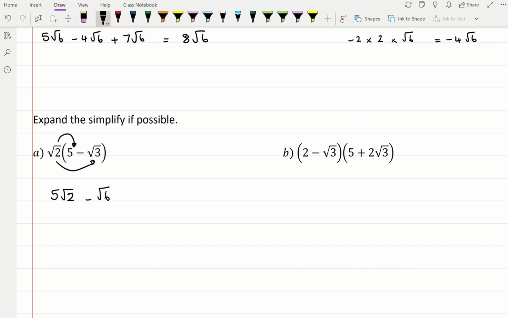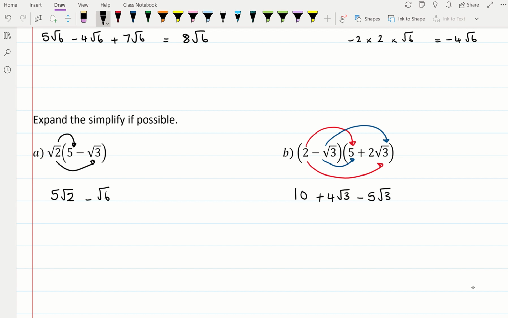With expanding brackets, I would multiply 2 by 5, and then 2 by a positive 2 root 3, and then negative root 3 by positive 2 root 3, and negative root 3 by 5. So 2 times 5 is 10. 2 times a positive 2 is 4 root 3. Negative root 3 times 5 is negative 5 root 3.